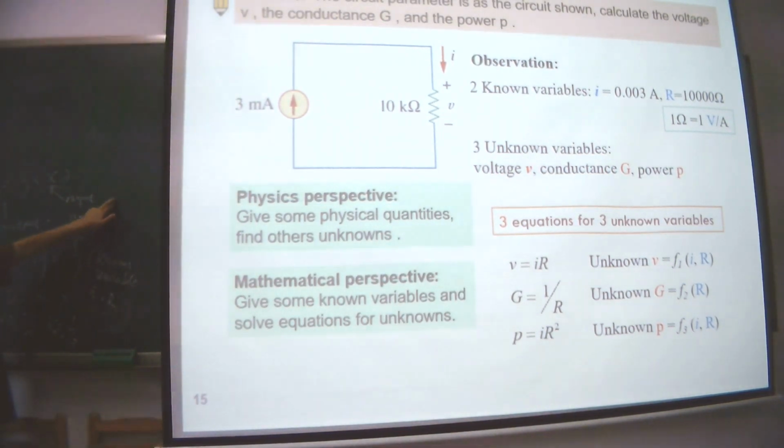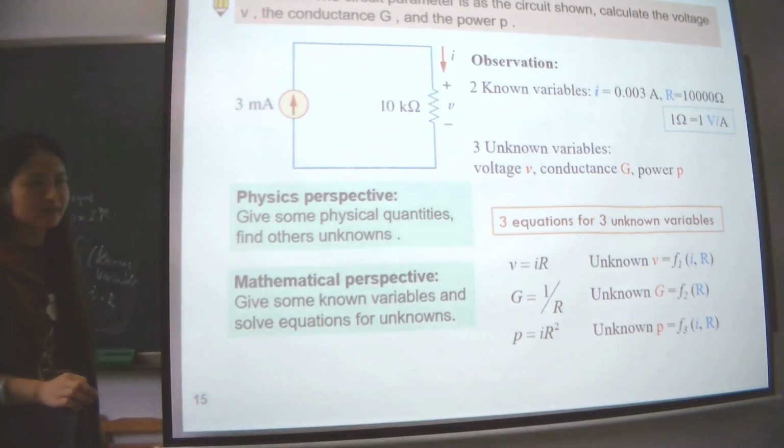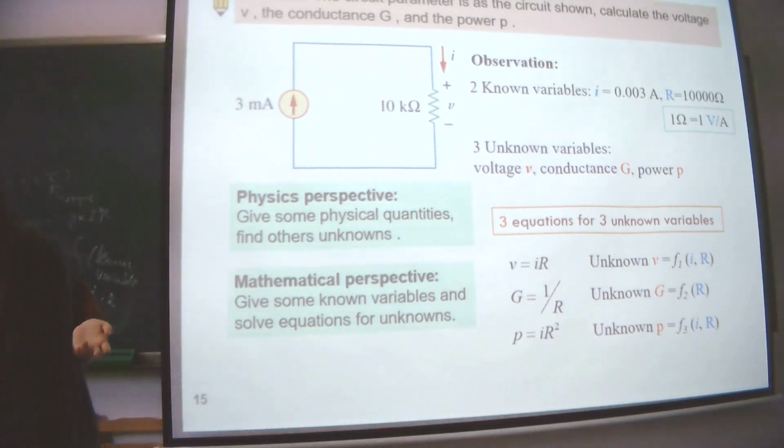A function of known things will be unknown. So when we do any practice, I square or IR square? I square R. Here, P. Okay, I made a mistake here. Thank you very much. I made a typing mistake. I will go back home and correct it.